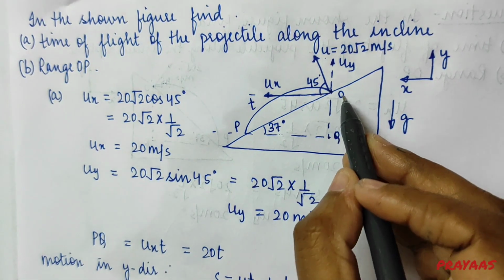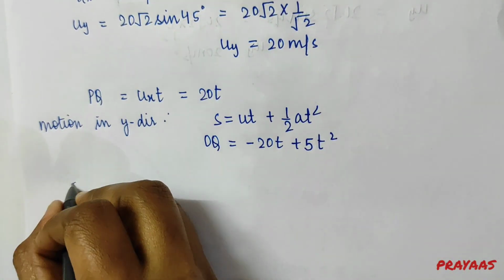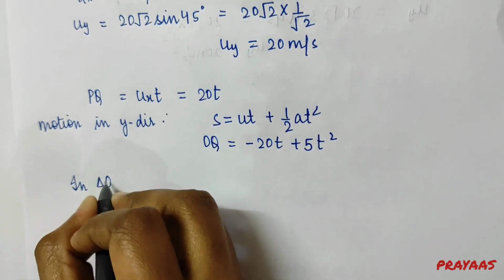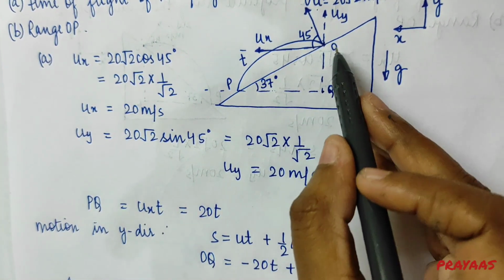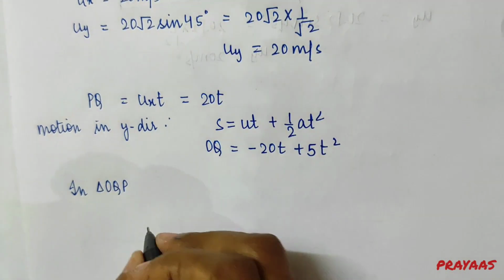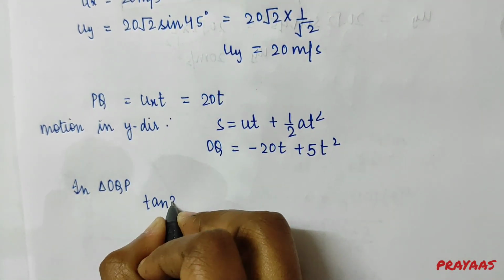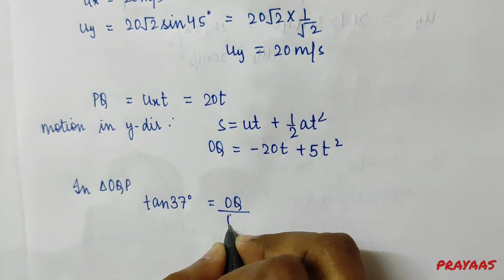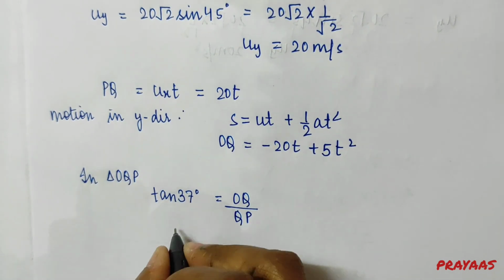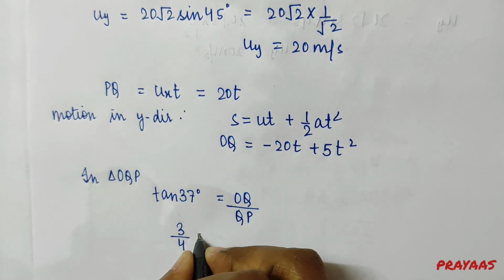Now in triangle OQP, tan 37 degrees will be equal to OQ upon PQ. So tan 37 degrees will be 3 by 4.